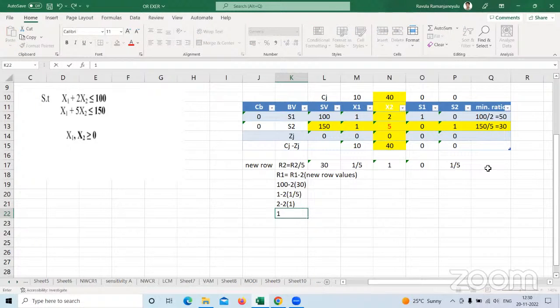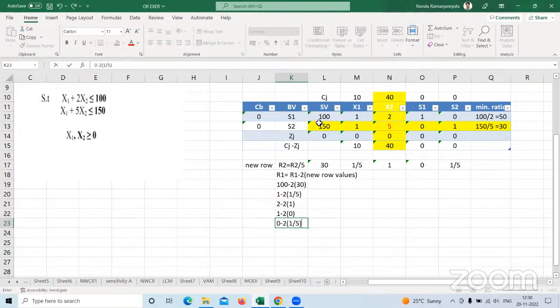Anyone having any doubt, you can raise your doubt. Next, the S1 coefficient: 1 minus 2 into the new value of S1 is 0. Similarly, the last S2 coefficient: 0 minus 2 into the new element value 1 by 5.